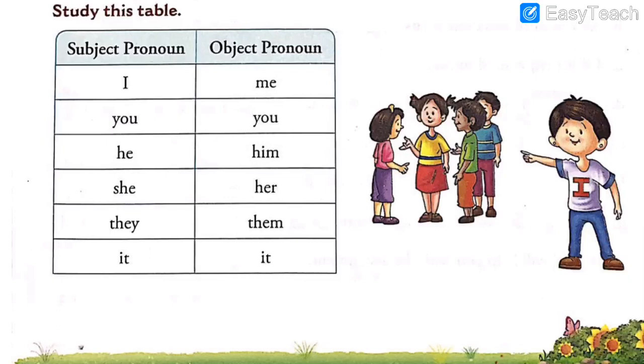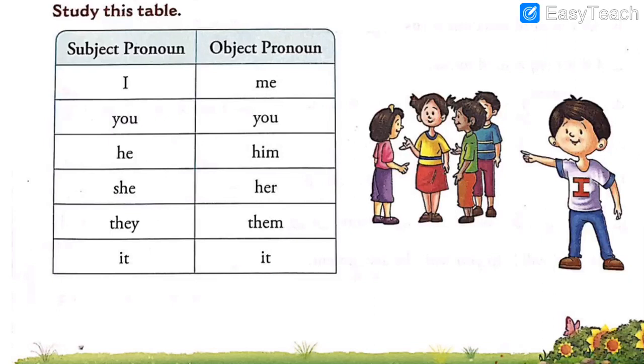Now, what is the difference between subject pronoun and object pronoun? Let's have a look. I, me, you, he, him, she, her, they, them, it.